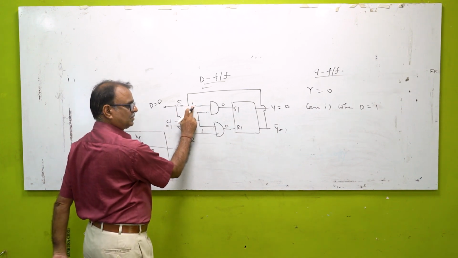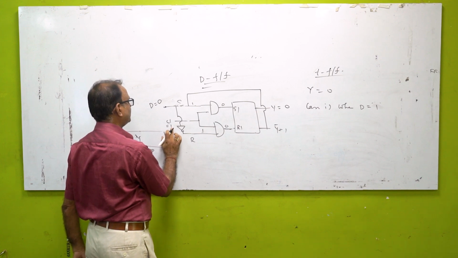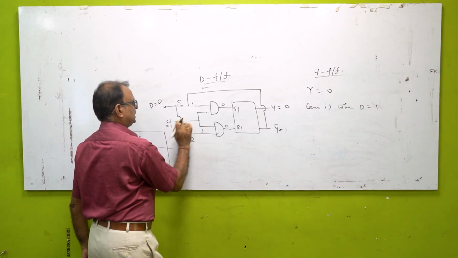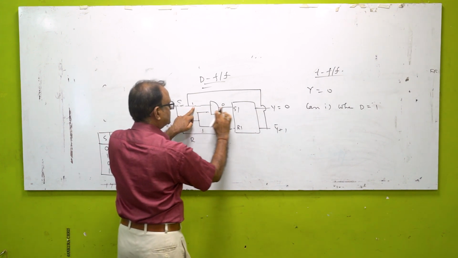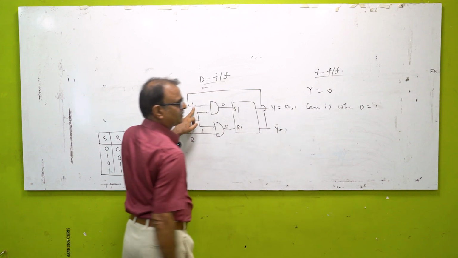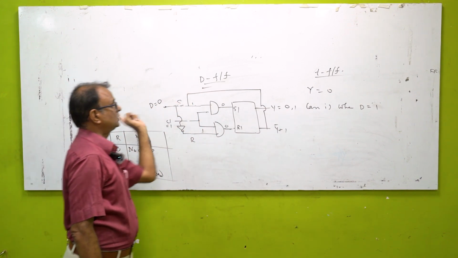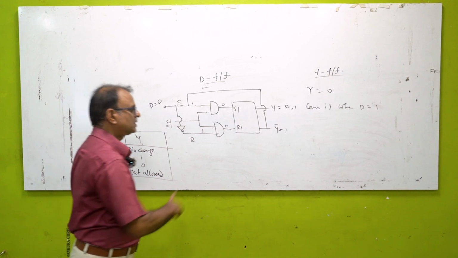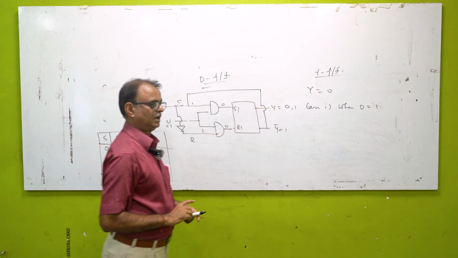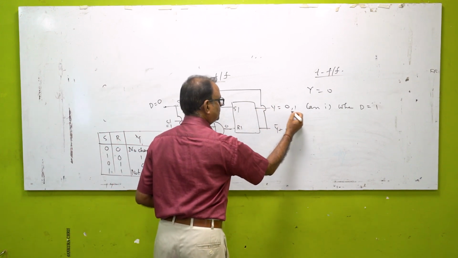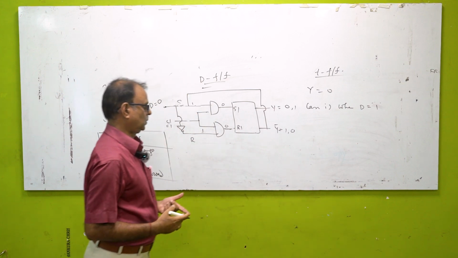When S is equal to 1 and the clock pulse is used, this will become equal to 1, because as soon as the clock is switched on, this 1 will be transferred to the output. So what is the output? It was 0, now it has become 1. The moment this output Y becomes 1, Y bar becomes 0.